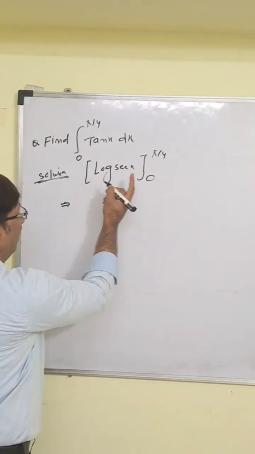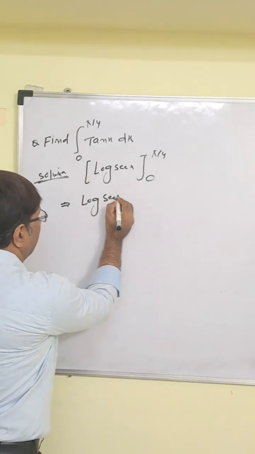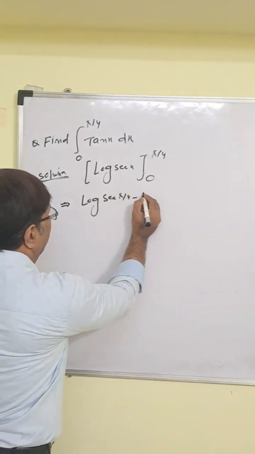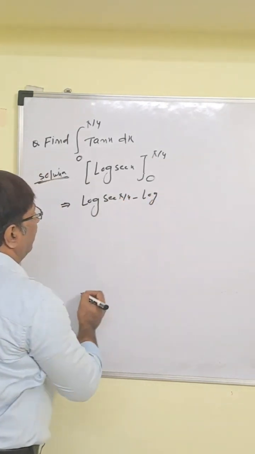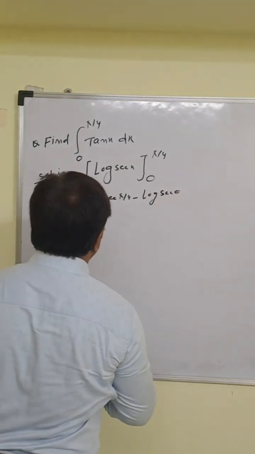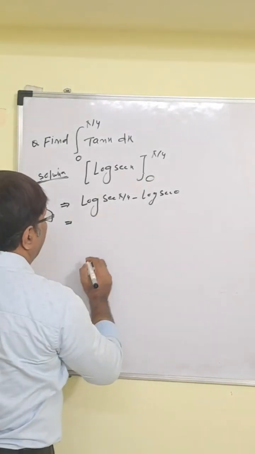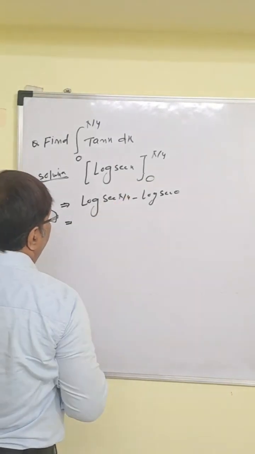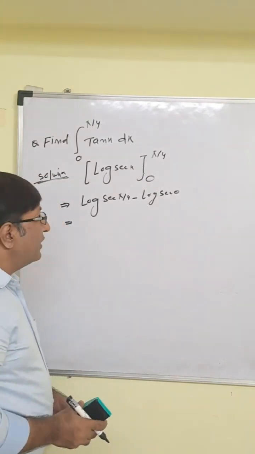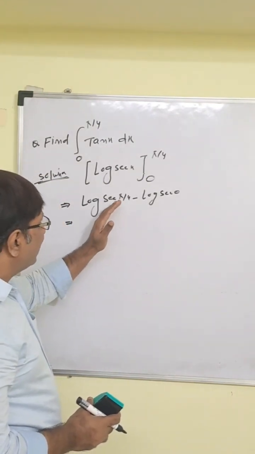So now put the value of x equal to pi by 4, we will get log sec pi by 4 minus log, put the value of the lower limit that is 0, so log sec 0. Now it is log sec pi by 4. So you know sec pi by 4, so cos pi by 4 is what? 1 by root 2. It is the reciprocal of cos, so that is root 2.